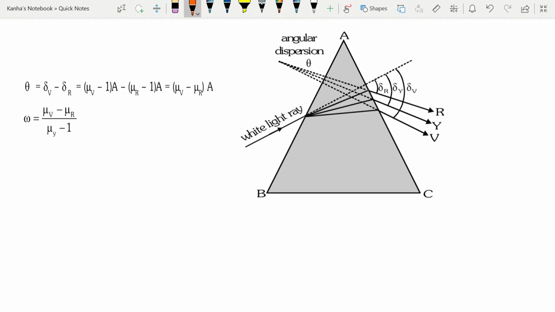So as we already said, delta min is equal to mu minus 1 into A if the prism is of a small angle.